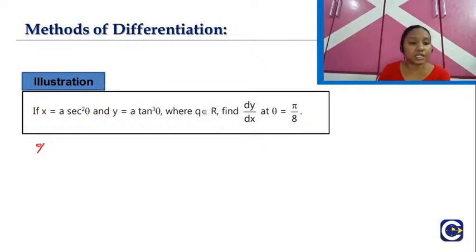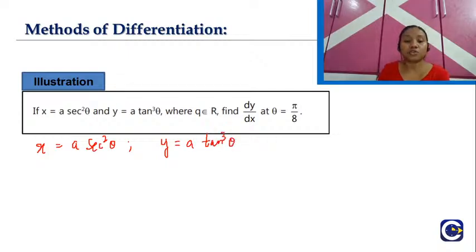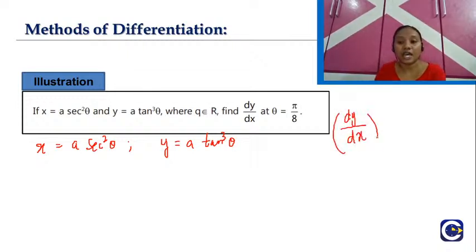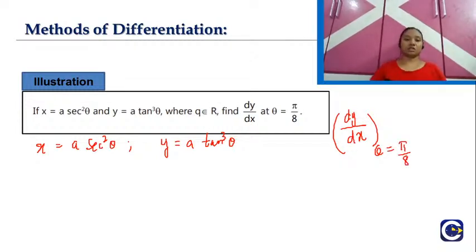So here they have given if x is equal to a secant square theta and y is equal to a tan cube theta, you have to not only find the expression for dy by dx, you have to find the value of dy by dx at your theta value is equal to pi by 8.